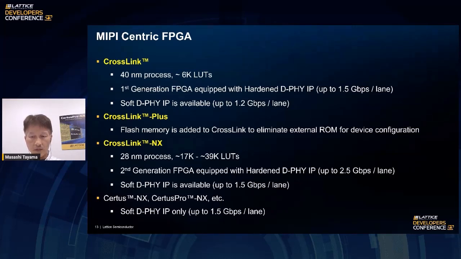Now the MIPI bandwidth is increased to up to 2.5 Gbps per lane with hardened D-PHY and 1.5 Gbps with soft D-PHY. We also have other FPGA families like Certus NX, Certus Pro NX, and others, but CrossLink and CrossLink NX are the only families with hardened MIPI D-PHY.